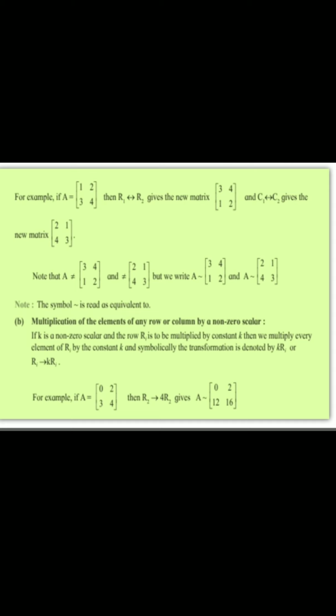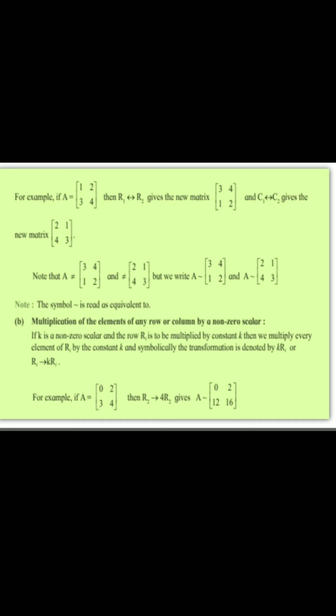For example, if matrix A is equal to 1, 2, 3, 4, then R1 interchange to R2 gives a new matrix 3, 4, 1, 2. We see that in given matrix A, first row is 1, 2, then in the new matrix, first row is 3, 4.